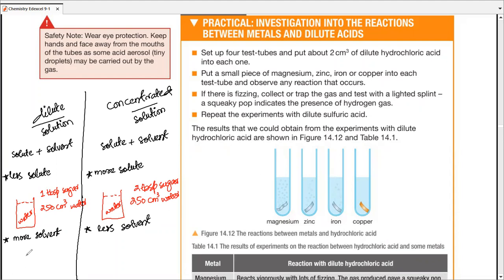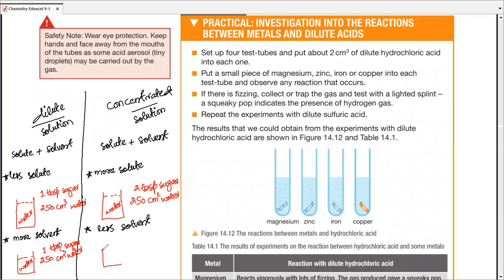So let's take again the same set of examples. We're going to consider the same glass of water. Since I have less space, I am drawing a bit smaller diagram. Imagine this is 250 cubic centimeter of water over here, and we have 1 tablespoon of sugar in here.